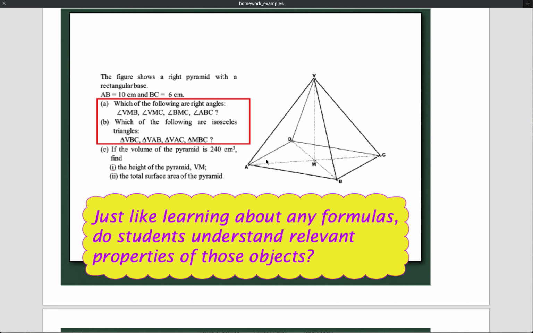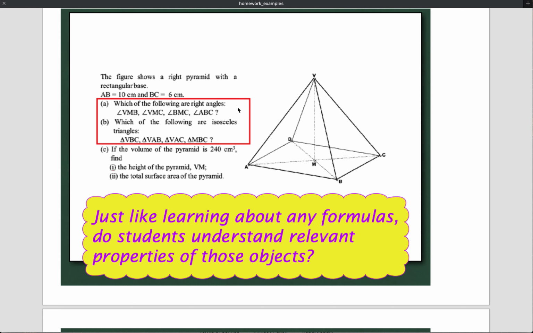So you can imagine if the student cannot tell which of these angles is a right angle, or which of these triangles are isosceles triangles, that means if they cannot distinguish which triangles have two equal sides in this figure, then their understanding of part C should be problematic. They may just blindly follow the usual procedures of finding the surface area, without totally understanding the actual geometric properties involved.